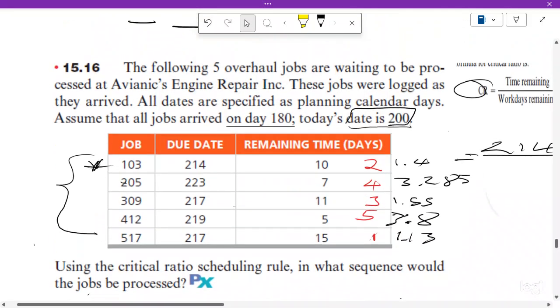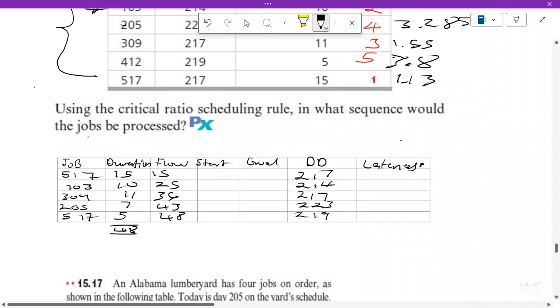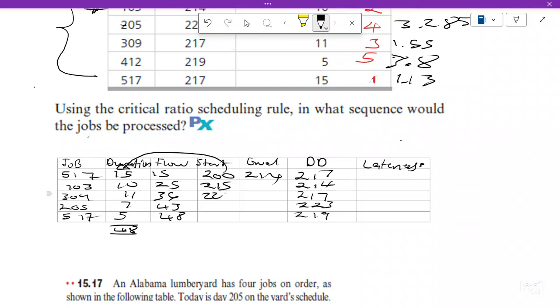Start date we are given as 200. You add it to the duration and you get this. 200 plus 15 is 215 minus 1, 214. 200 plus 10 plus 10, 224, plus 11 is 235.